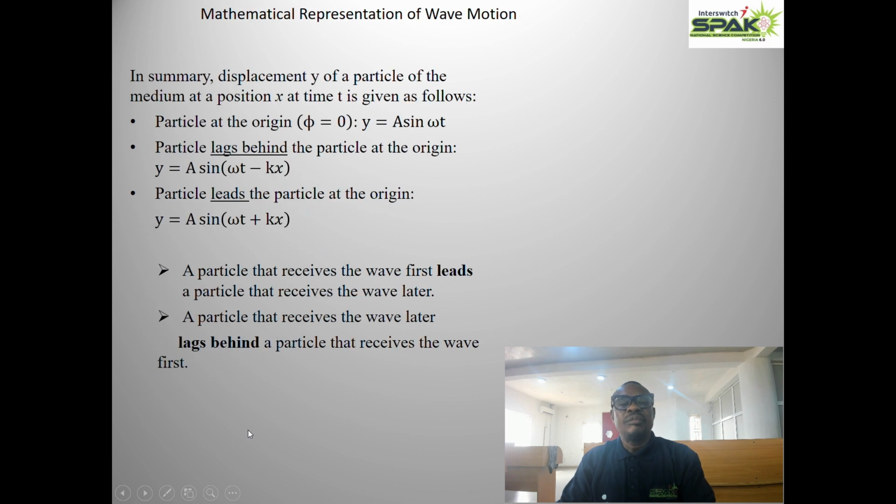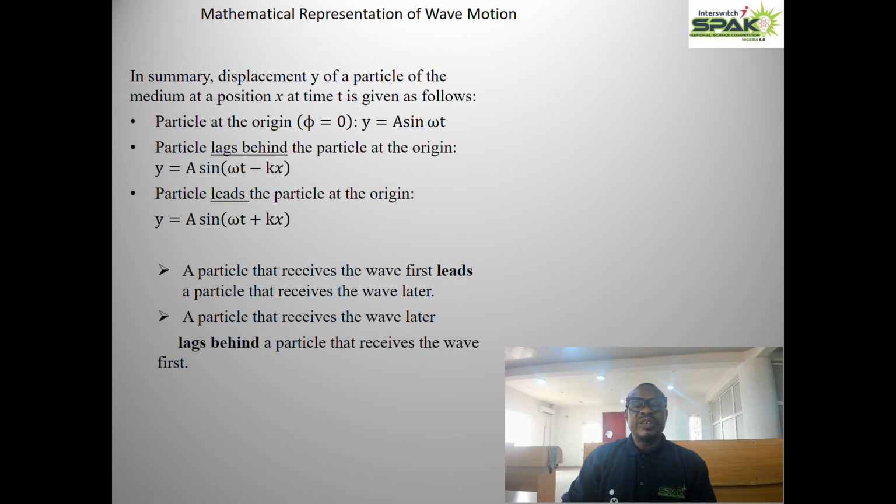So moving ahead now. As I said earlier, some particles can quickly receive the wave, and some get the wave later. Particles that quickly get in touch with the agitation of the wave lead, while those that eventually get the sensation of the wave receive it later.